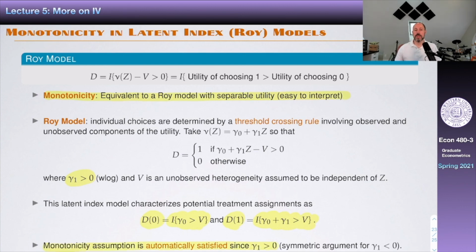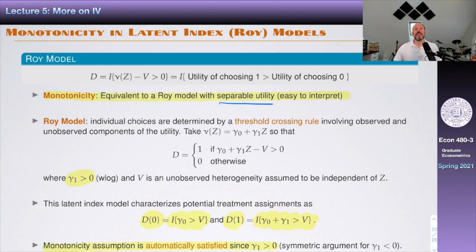In the context of Roy models, monotonicity happens anytime you consider a setting in which the utility is separable. This has been worked out in papers by Vytlacil, papers by Heckman and Vytlacil, whereas the LATE that I described before, almost exactly as I presented it, was worked out by Angrist.